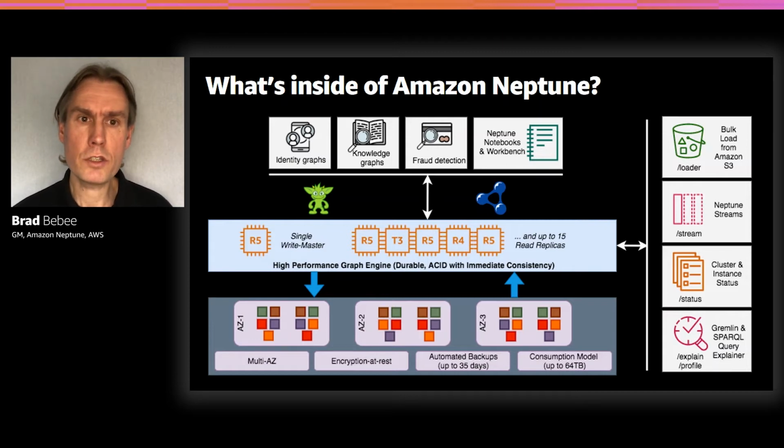It provides continuous backups, snapshotting, cross-region snapshotting, and it also supports some of the compliance regimes that Neptune is already participating in. So, for example, if you want to build an application with HIPAA compliance, Neptune is part of that. If you want to build something with PCI DSS.